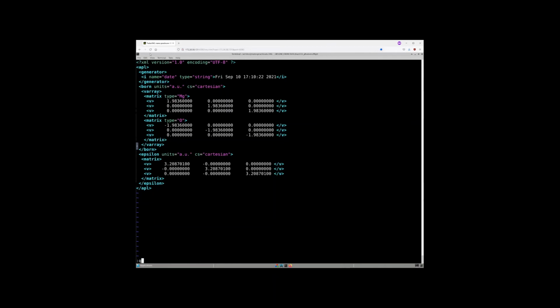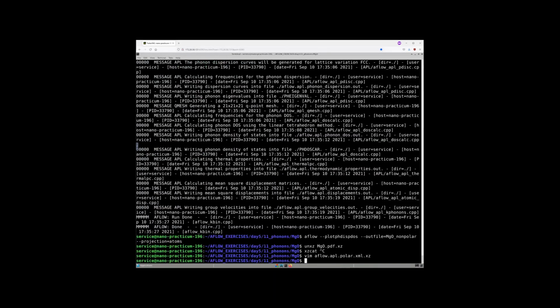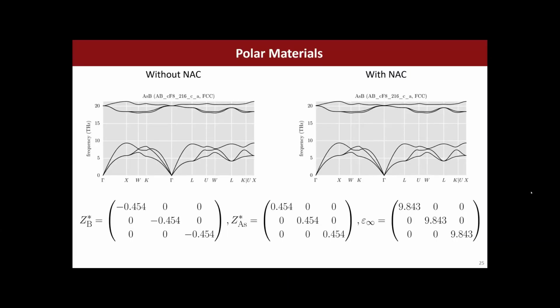And I'm going to switch to the slides again. When we compare magnesium oxide, for example, with boron arsenide, we have very small charges compared to magnesium oxide.